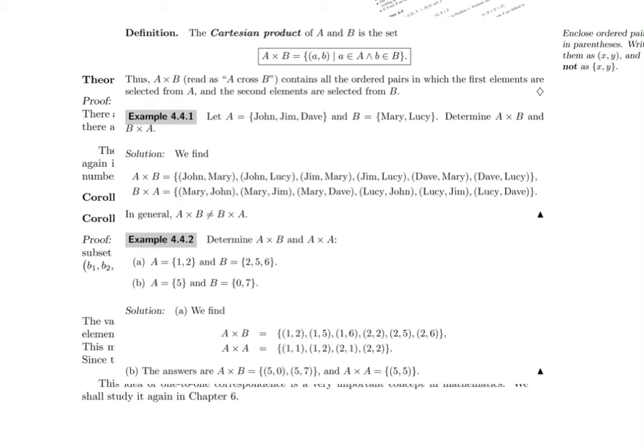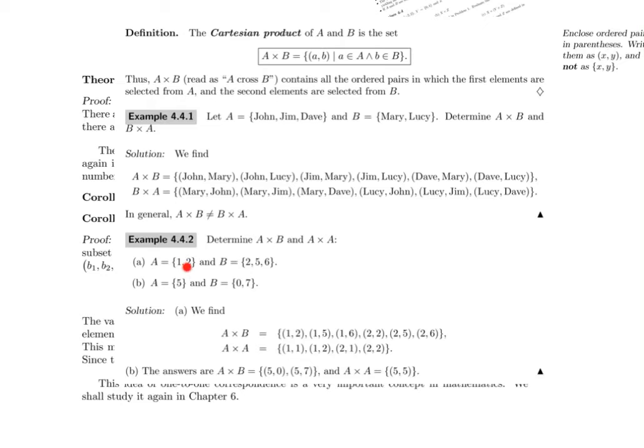What was the systematic way for getting all of the elements of A cross B in example 4.4.2? Well, we chose the first element in A, which was 1, and fixing that choice of a, we then chose one at a time the elements of B. So we got these 3 ordered pairs.